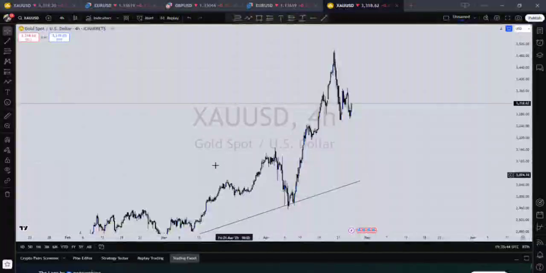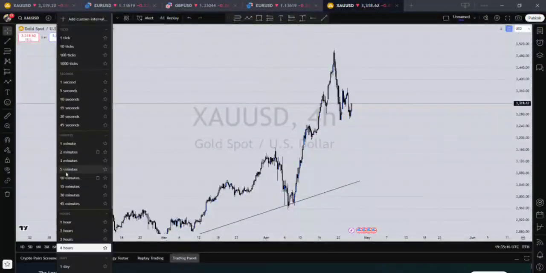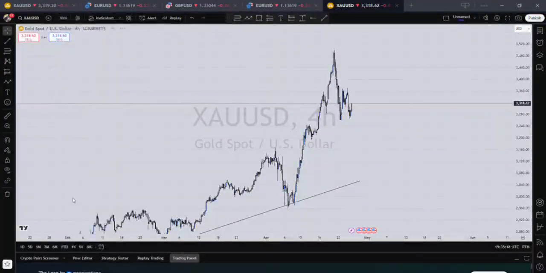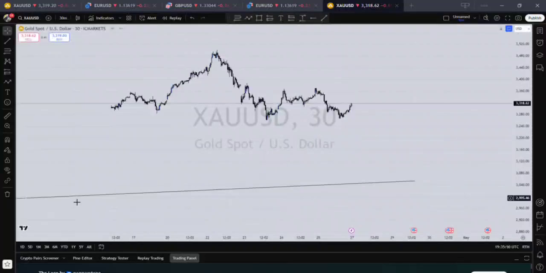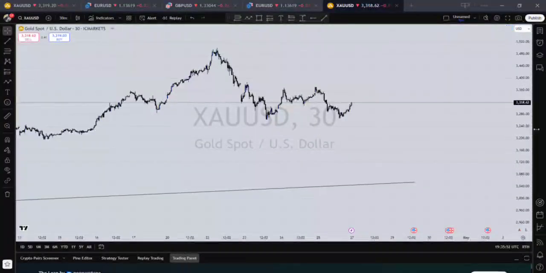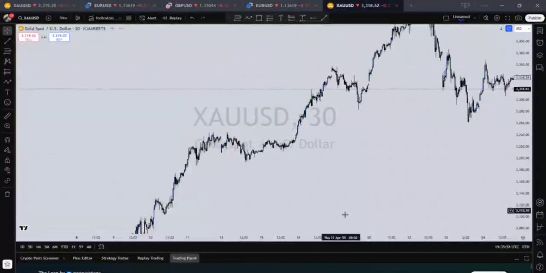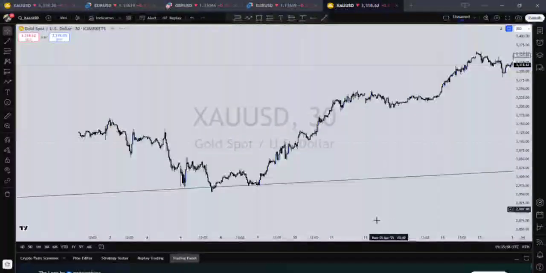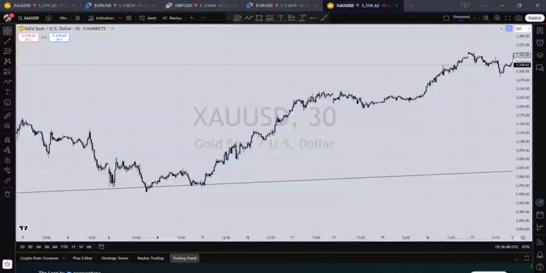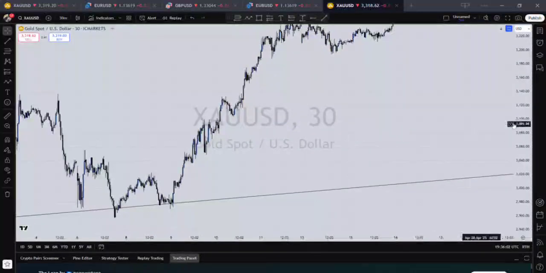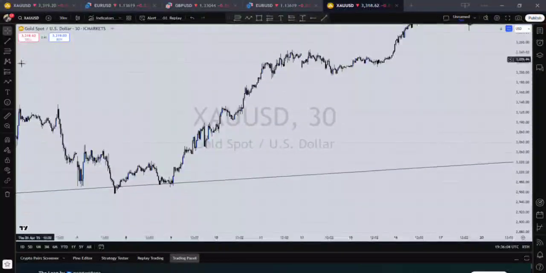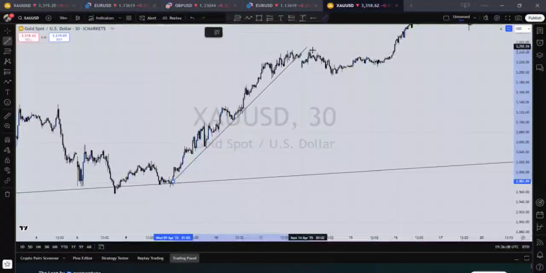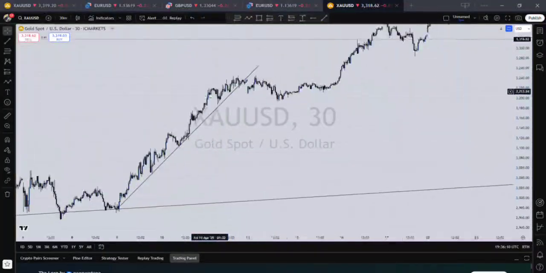One of my mentees always uses that pattern, rising wedge and falling wedge. For example, now the way this trend is, I just draw it like this.